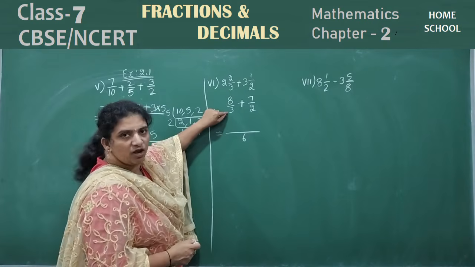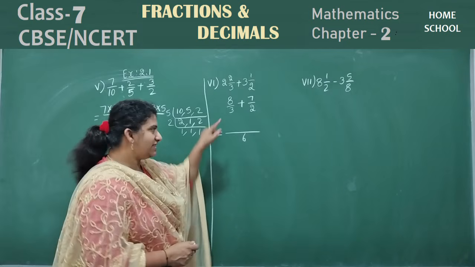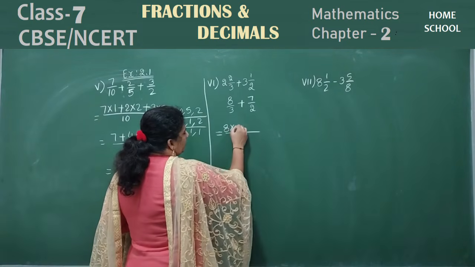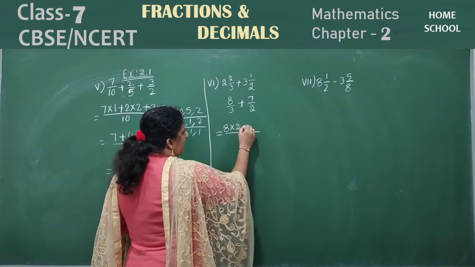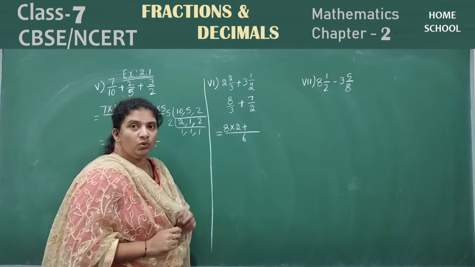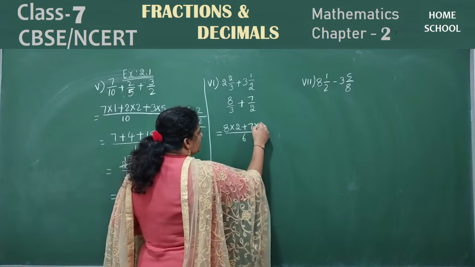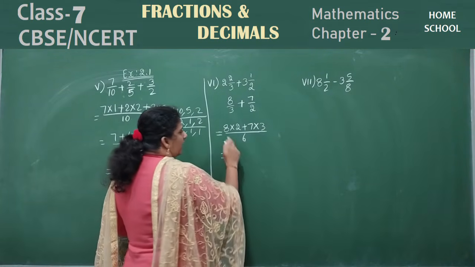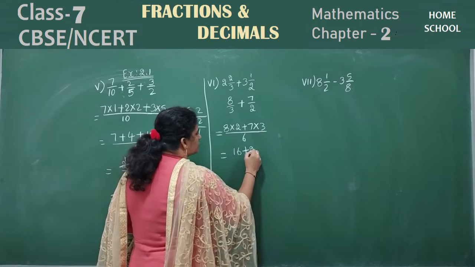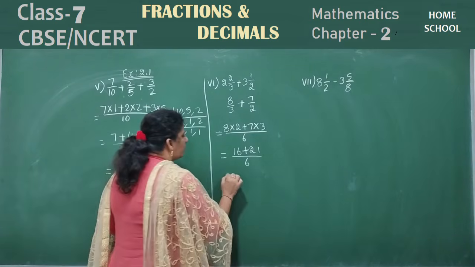Now observe this denominator, 3 table where you get 6, 3 2s are 6, that 2 multiply for the numerator. 8 into 2, what the sign you have? Plus, and this 2 table where you get 6, 2 3s are 6, that 3 multiply for the numerator. 7 into 3. 8 2s are 16 plus 7 3s are 21 by 6. Add this, what it will be?